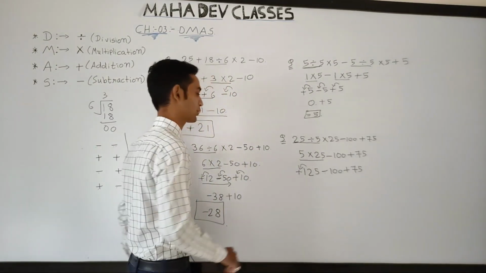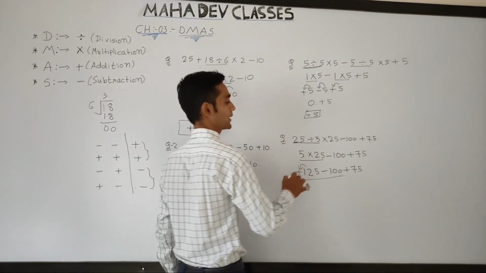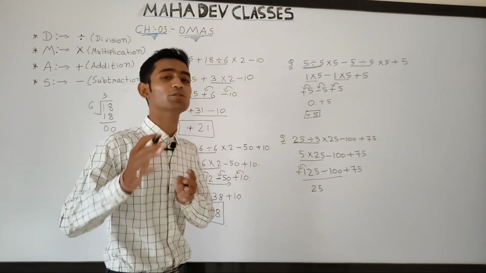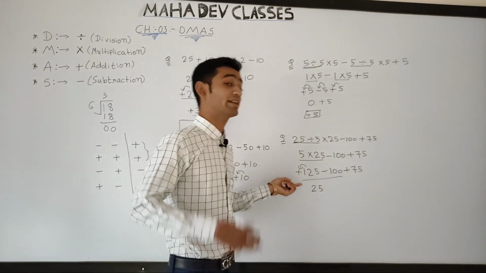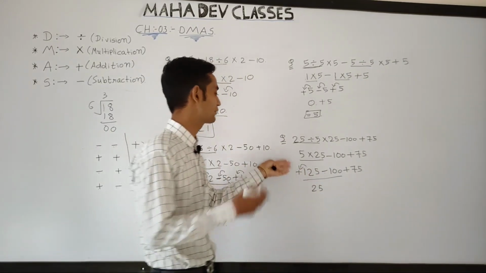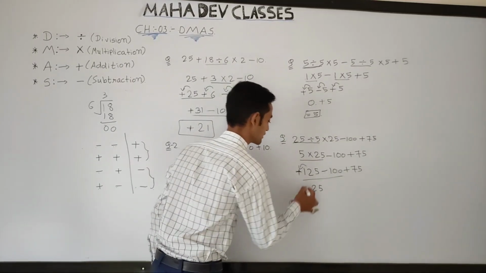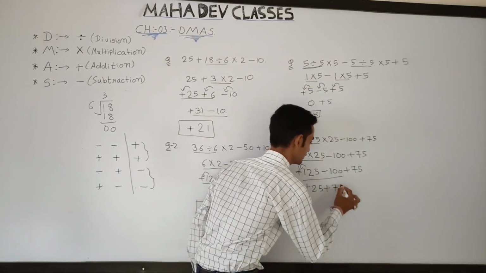So now you have to do the process of subtraction, and then you will get 125 minus 100, you will get 25. Okay, and now you have to put the symbol of the bigger number. Which one is the bigger one, 100 or 125? Obviously 125 is the bigger number, so we have to put the symbol of the bigger one, which is plus. Okay, and now the rest one is plus 75.